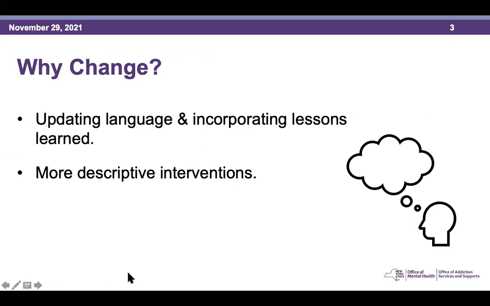All right, so hopefully many of you have had an opportunity to look at the Core Services Operations Manual that includes the updated service definition and components. If you haven't, I really do encourage you to read through the Operations Manual. What you'll see there is that we've made some changes to the definitions and components, and really we're just updating our language and incorporating our lessons learned through oversight and technical assistance. We've spent the last 5 or more years working directly with providers across the state to learn what works well and what hasn't worked so well.